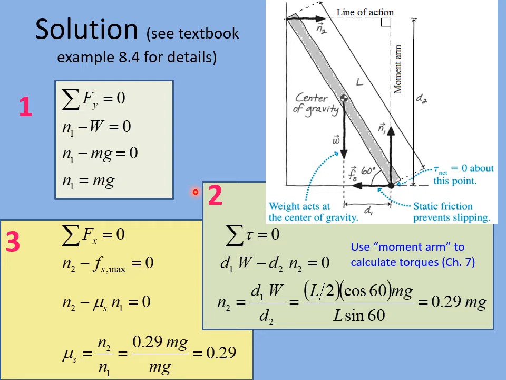All right, in step 2, we're going to add up all the torques and set them to 0. Again, this is our requirement for static equilibrium. So if we look at this picture here, they pick the pivot down here at this point.